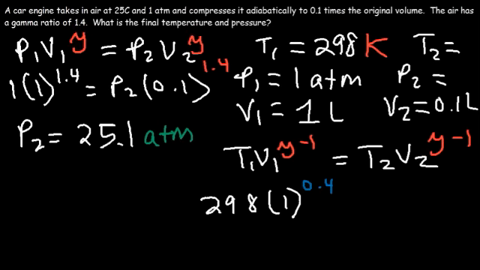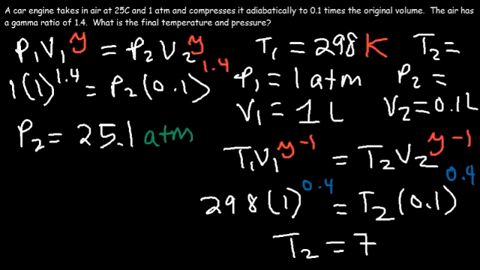We're looking for T2, and V2 is 0.1 raised to the 0.4. So T2 is going to be 298 times 1 raised to anything is 1, so 1 to the 0.4 is 1. So it's 298 divided by 0.1 raised to the 0.4. And you should get 748.5 Kelvin.